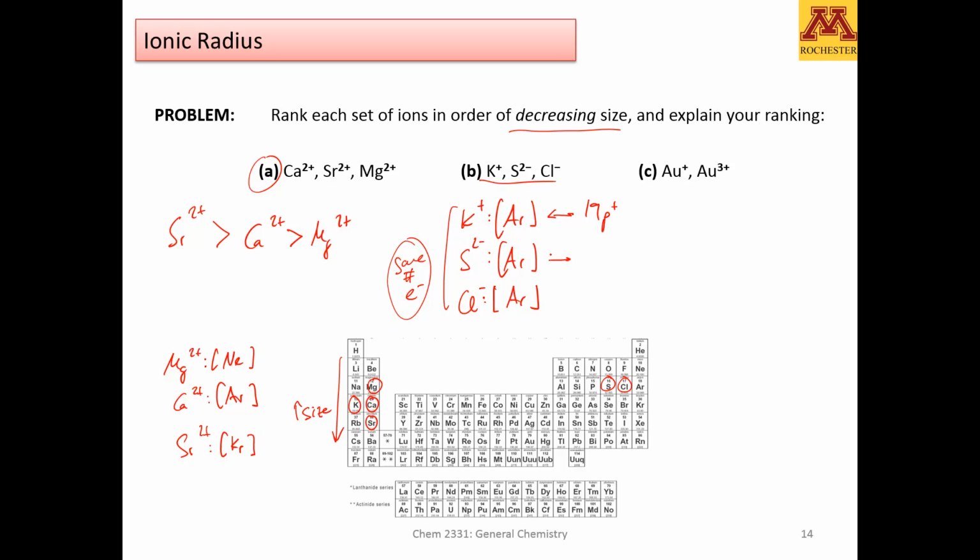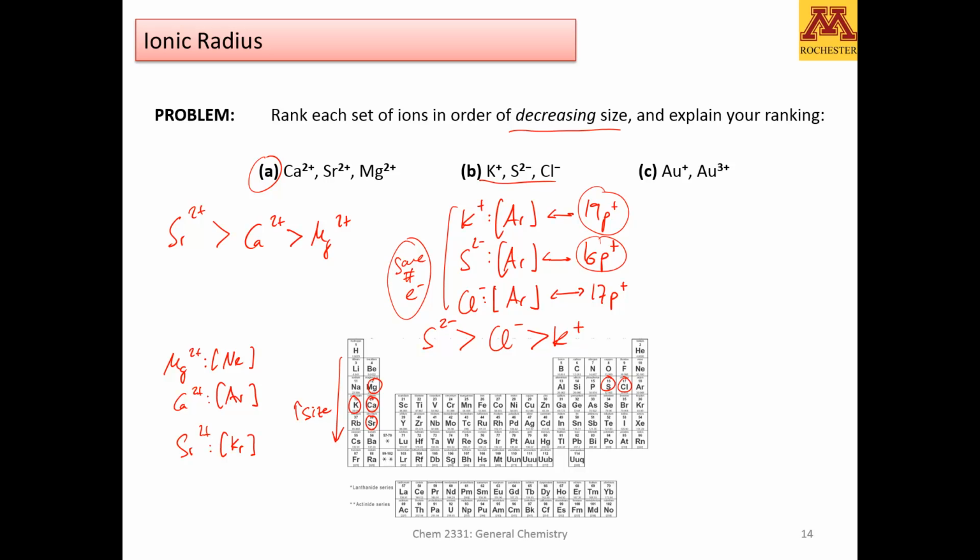Sulfur has 16 protons, and chlorine has 17 protons. Because the nuclear charge of potassium is higher, it will attract the same number of electrons more strongly. Therefore, it'll be smaller. Potassium will be the smallest of all, followed by chloride, followed by sulfide.